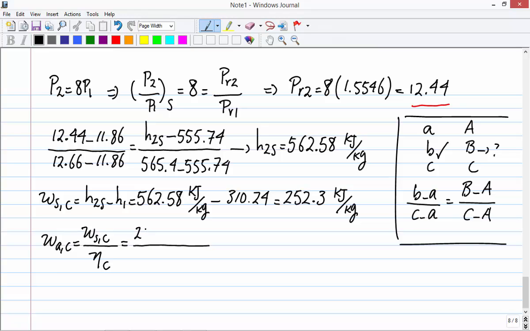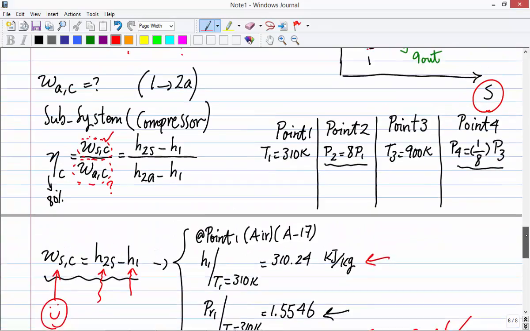So 252.3 kilojoule per kilogram divided by 80% would be this many kilojoule per kilogram. Great. So I found the actual work for the compressor. There you go. Why am I doing this?